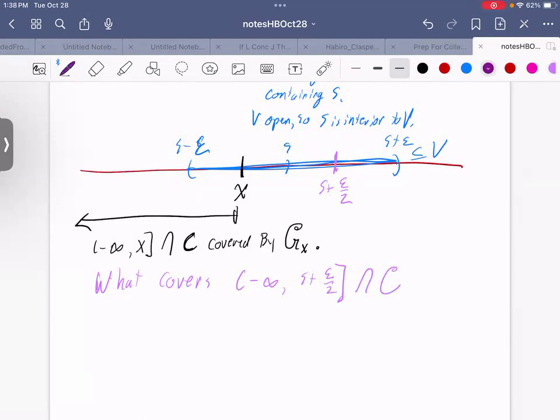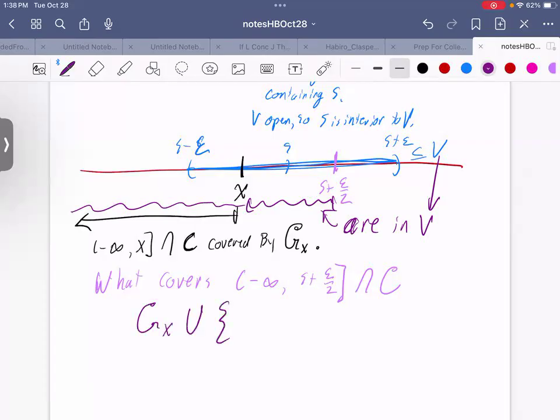Let's see. Let's maybe think case-wise. So if I consider anything that's in C and in that open interval, then either it's over in this interval and is covered by stuff in G sub X, or it's in this range, but things in this range are in V, where recall V is like that open set, the one that we got because S was an element of one of the elements of MathCal F. Oh, wait, but then that means G sub X together with the set containing V covers this.